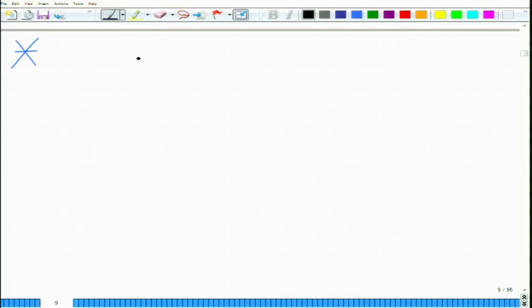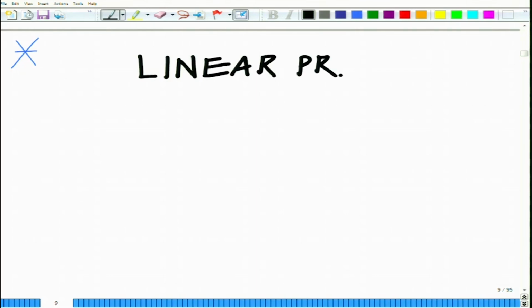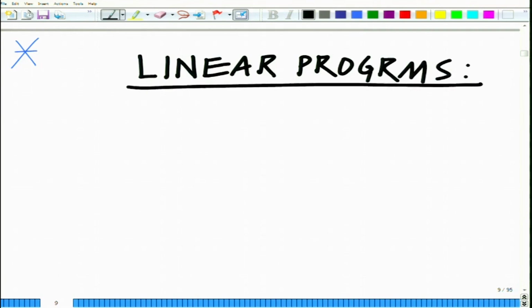In this module, let us look at an important subclass of convex optimization problems, which is the class of linear programs, also referred to as LPs. It forms a subclass, as I already said.